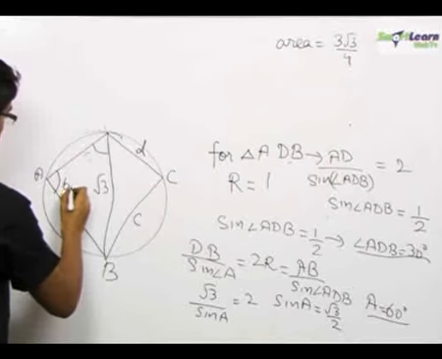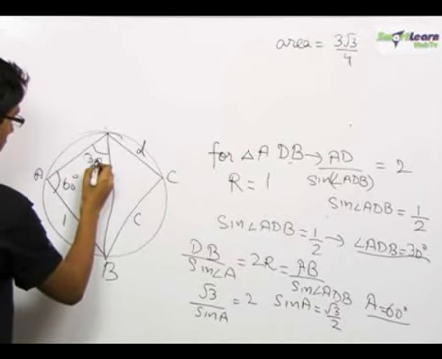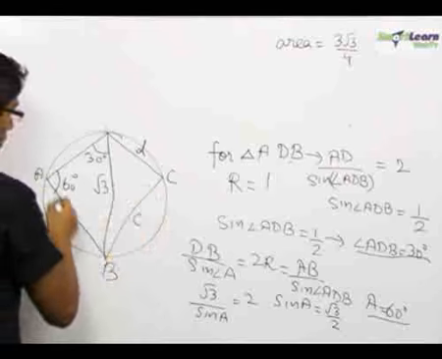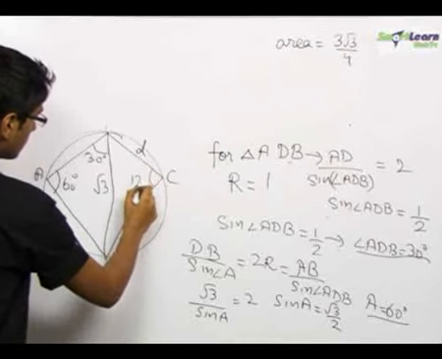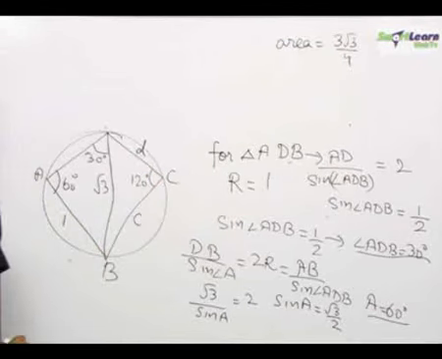Now if angle A is 60 degrees, this is 30 degrees, and since it is a cyclic quadrilateral, therefore we know that this angle is 120 degrees.